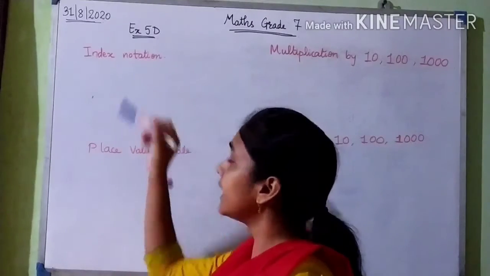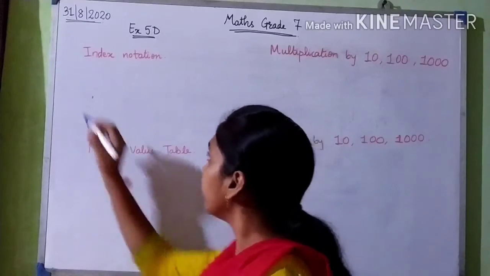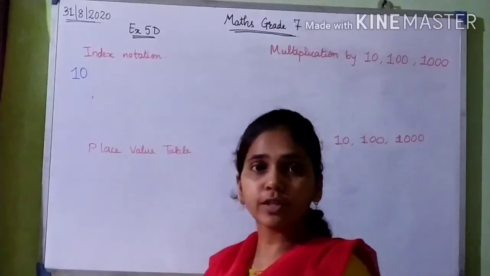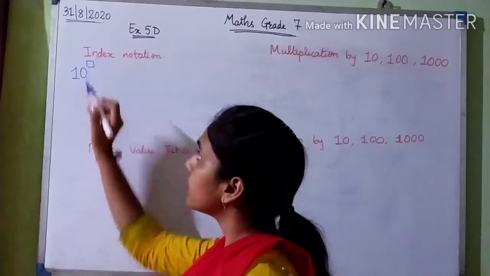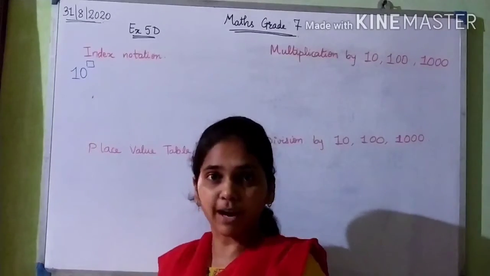The first one is index notation. Suppose I write the number 10. The power of this number means the number which is raised to this 10. The number which comes here in this box is called the power of 10.